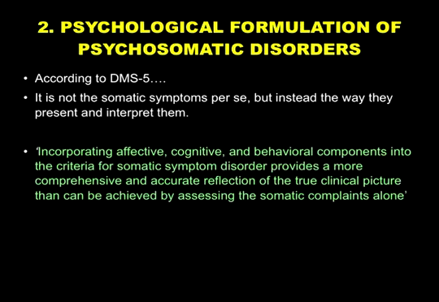So the focus is not only the somatic symptoms, the pain, the difficulty in breathing, the blackouts, but how these are perceived. So incorporating affective, cognitive, and behavioral components into the criteria for psychosomatic disorder provides a more comprehensive and accurate reflection of the true clinical picture than can be achieved by assessing the somatic complaints alone.